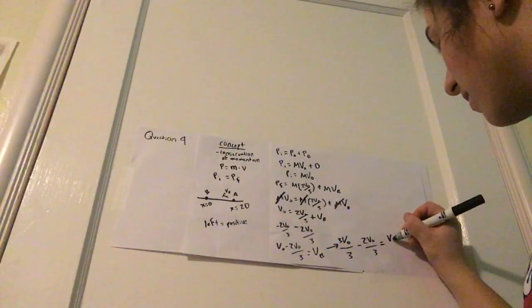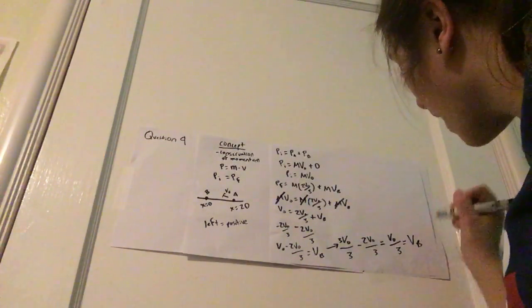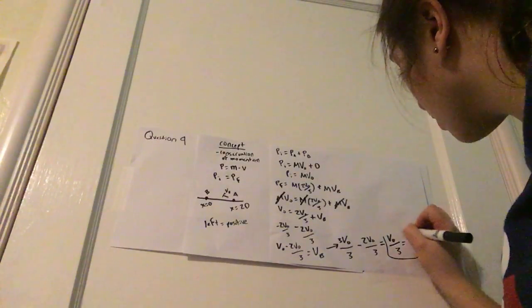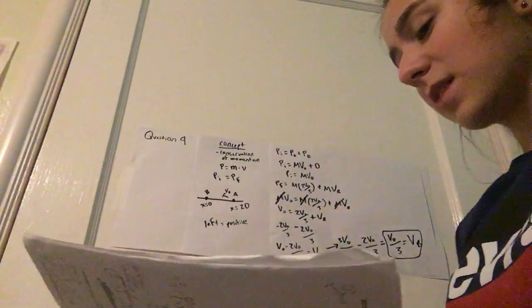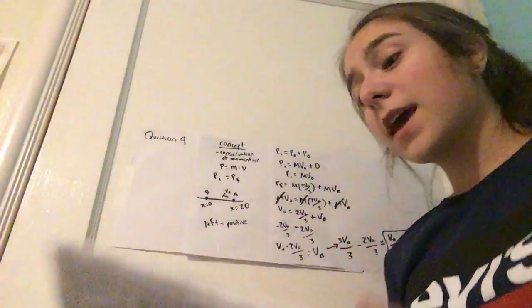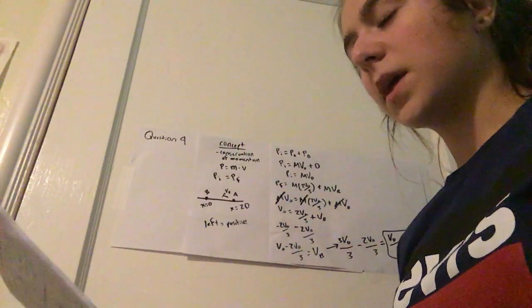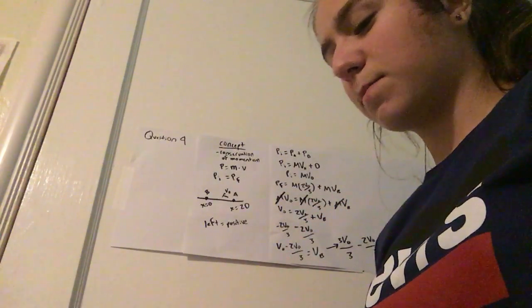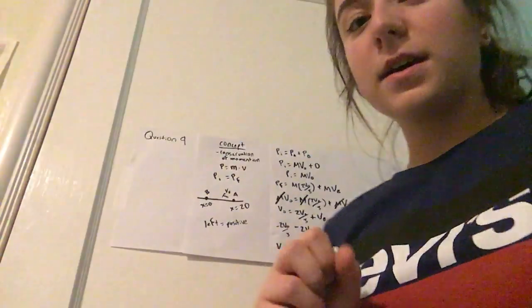And then this gives me v naught over 3 is equal to the final velocity of particle B. So that is my answer. And since v naught over 3 is positive, it will be moving to the left. And so that means the correct answer to this question is B, which is v naught divided by 3 to the left. So that's the answer.